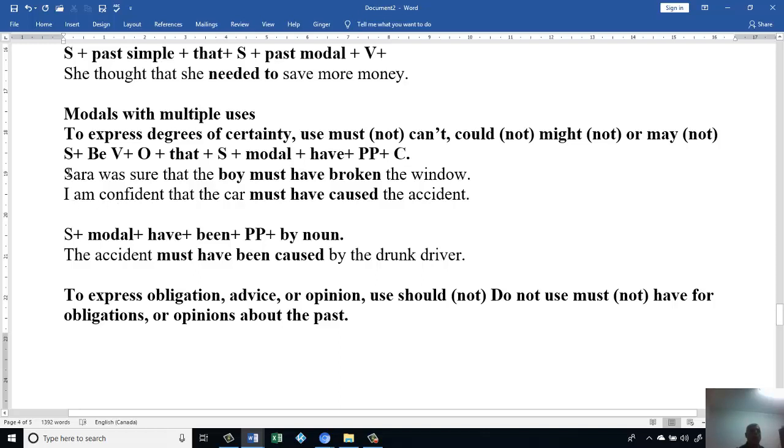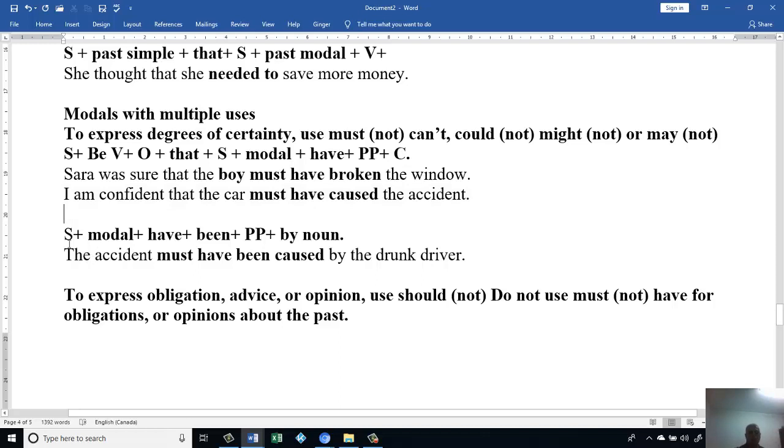For example, Sarah was sure that the boy must have broken the window. Or you could say, I am confident that the car must have caused the accident.